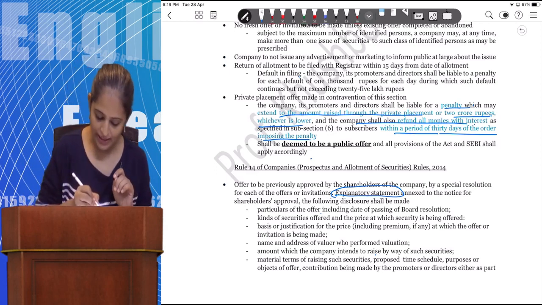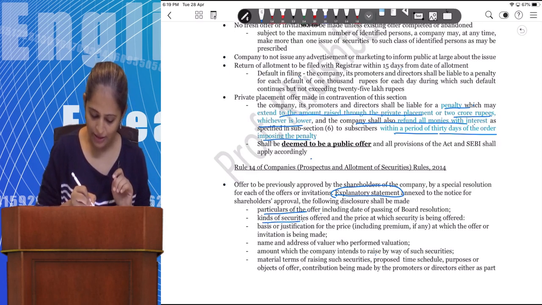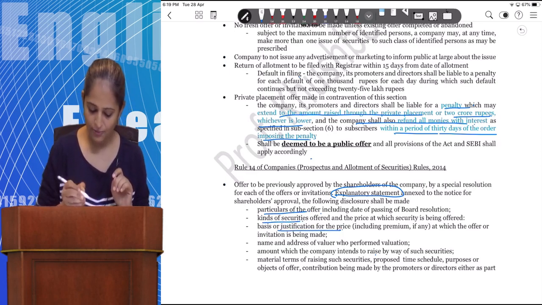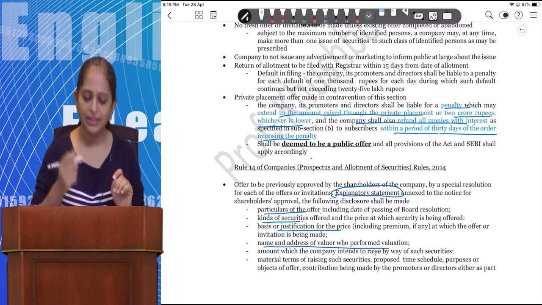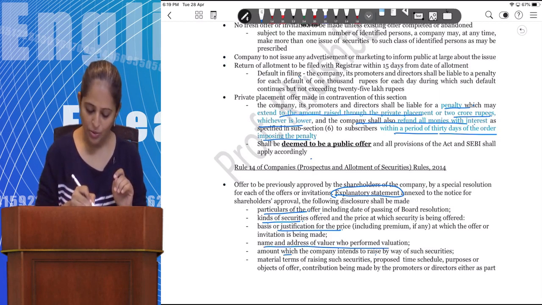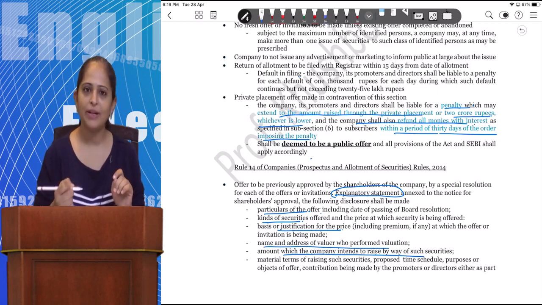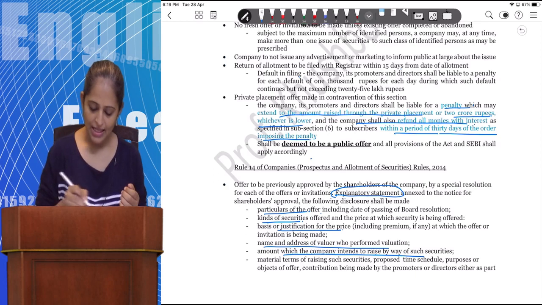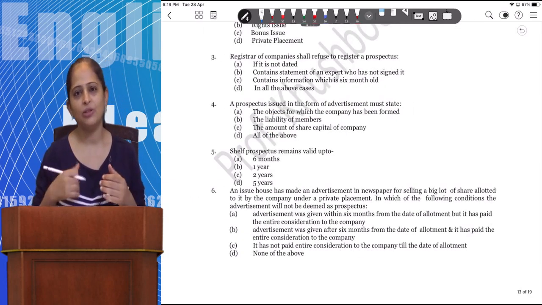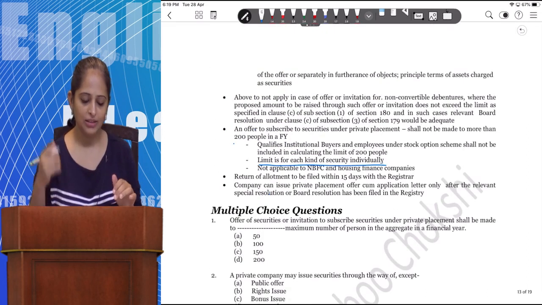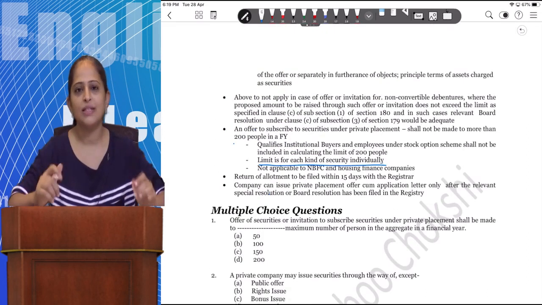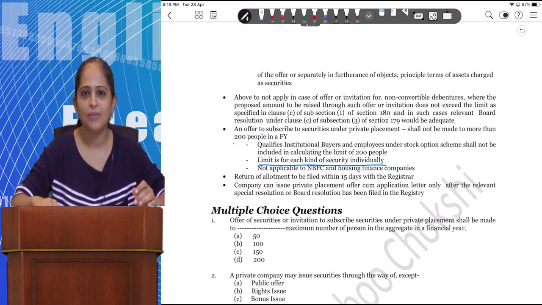So it will give out details of the particulars of the offer, kind of securities, the justification for the price, the name and address of the valuer who has valued the securities, the amount which the company intends to raise by way of securities, the total amount that the company is planning to raise, and the material terms of raising the security. So basically you will have to give all these details before they actually decide to come and invest in the company. So this is basically what private placement is all about.